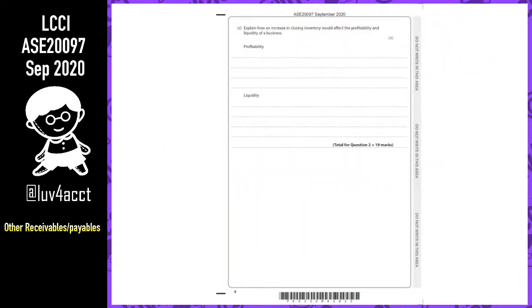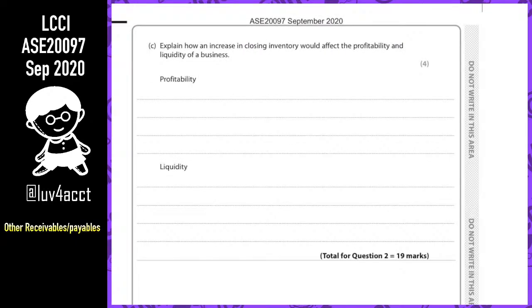So next one, explain how an increase in closing inventory would affect the profitability and liquidity of a business. So two aspects, 2 marks each. Let us see. Increase in closing inventory, how would it affect profitability? First of all, when we increase closing inventory, think back about cost of sales.